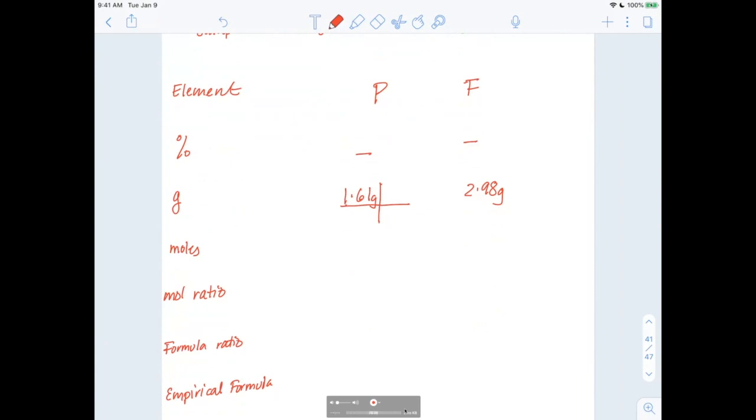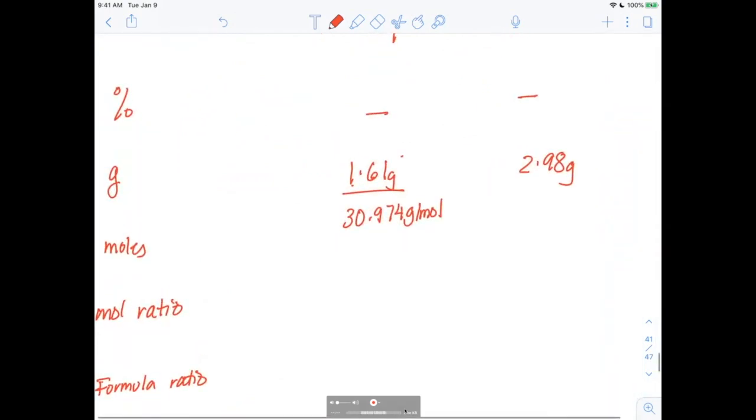I'm trying to think of a simpler way to do this. I'm just going to divide it here, divide by molar mass, because I don't have a lot of room. The molar mass of phosphorus is 30.974 grams per mole. So you can see here how grams divided by grams per mole, the denominator of a denominator becomes a numerator, right?